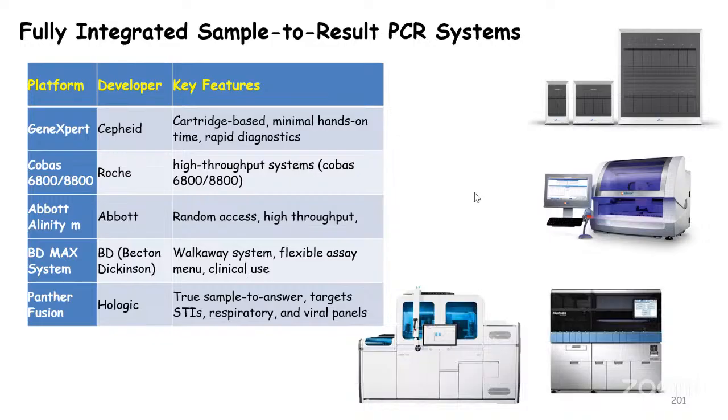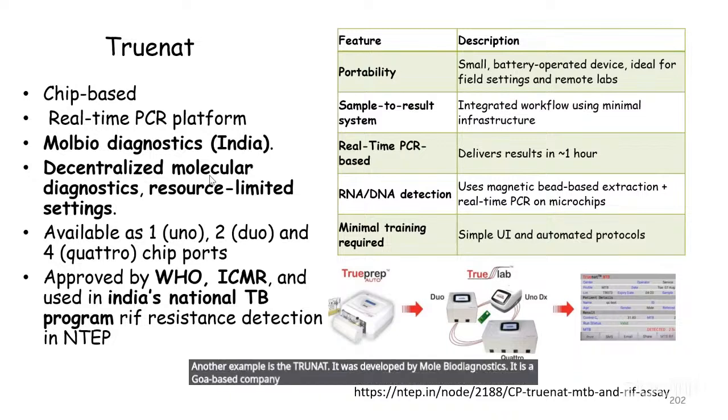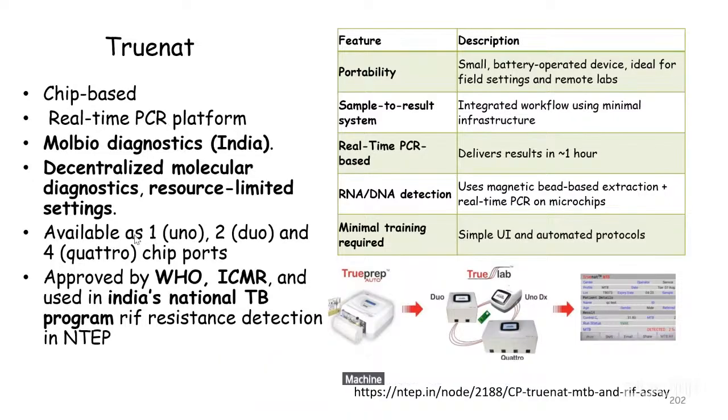Another example is the TrueNat. It was developed by Molbio Diagnostics. It is a Goa-based company, and it is also a fully automated system, but it is not so compact because DNA extraction occurs in a separate machine. Then you take the extracted DNA and put it into another machine, and it is available as 1, 2, or 4 chip ports.